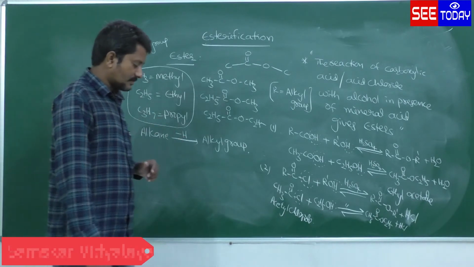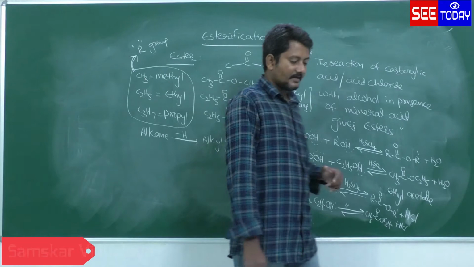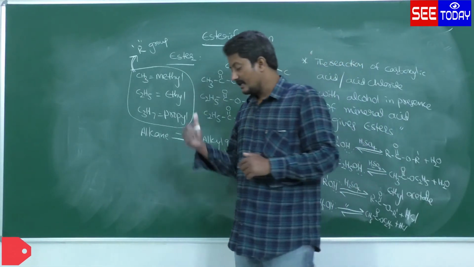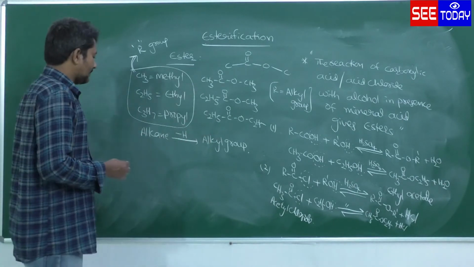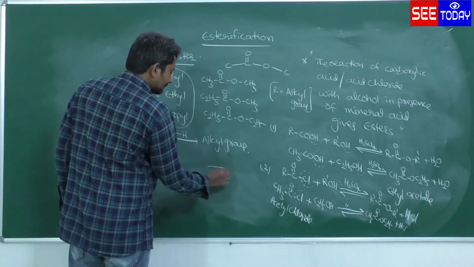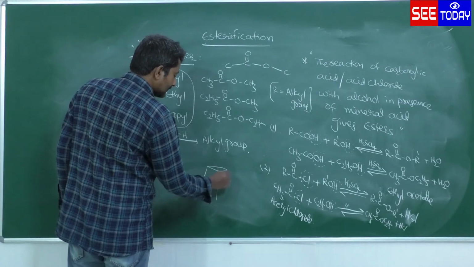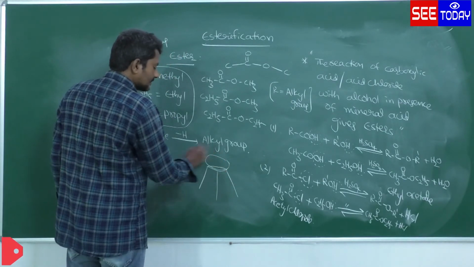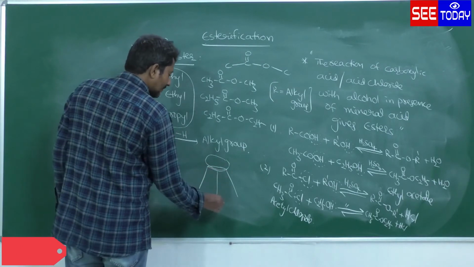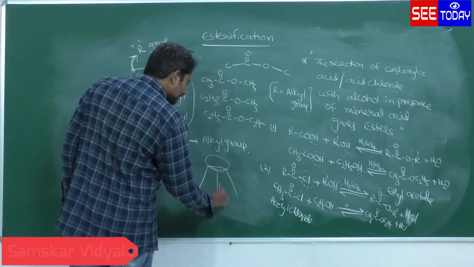In the laboratory also, by doing an experiment, we can easily identify this esterification reaction. How? First you take a tripod stand and keep a water bath on it. Under this we have to use the burner.